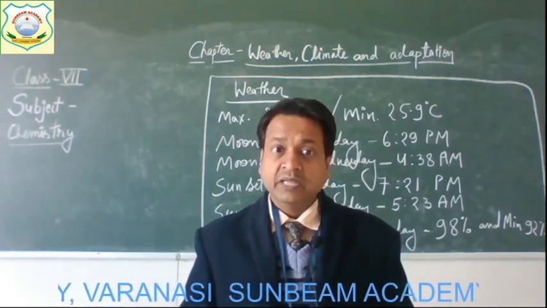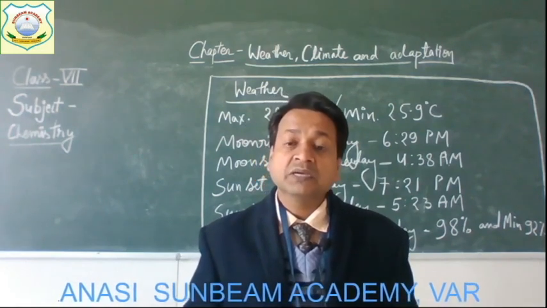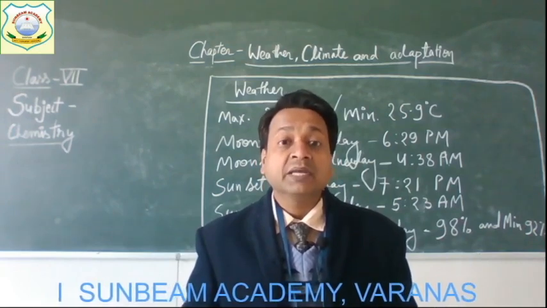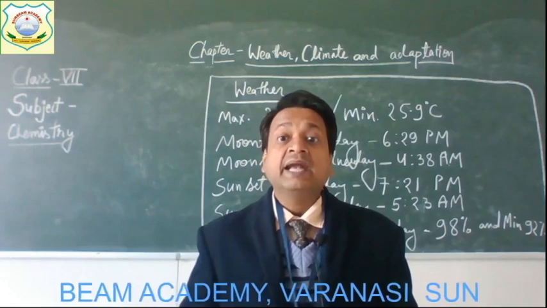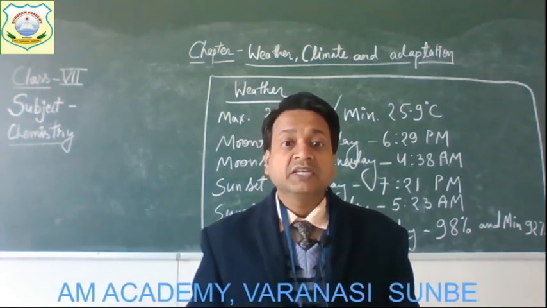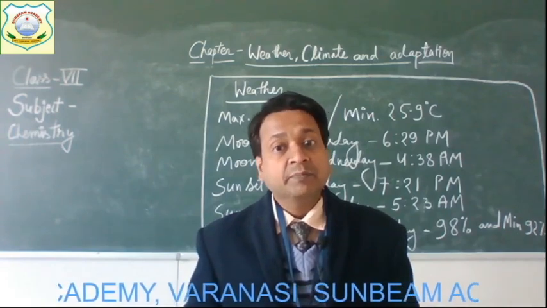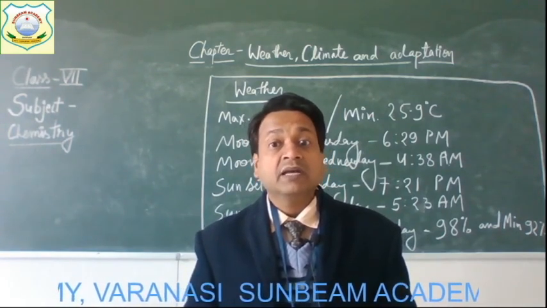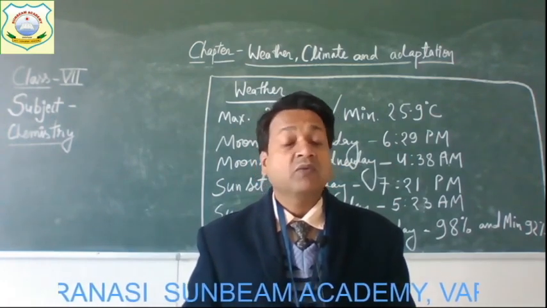Alright children, the day-to-day conditions of the atmosphere at a place with regard to factors like temperature, humidity, rainfall, speed and direction of wind, etc., is called the weather at that place. So the weather of a place is decided by certain factors. What are these factors?